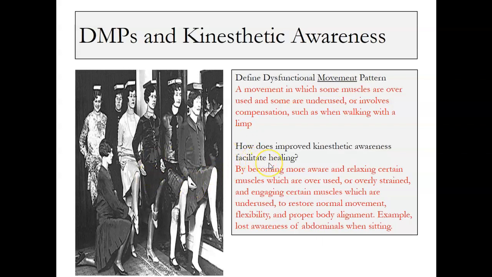How does kinesthetic awareness facilitate healing? By becoming more aware and relaxing certain muscles which are overused or overly strained, and engaging certain muscles which are underused to restore normal movement, flexibility, and proper body alignment. Example, lost awareness of the abs when sitting.